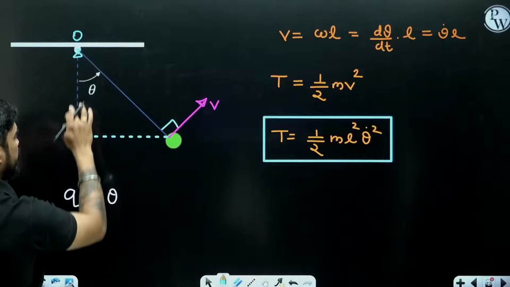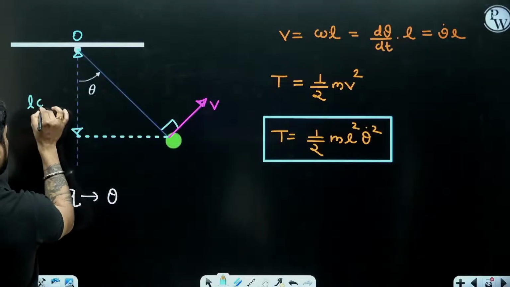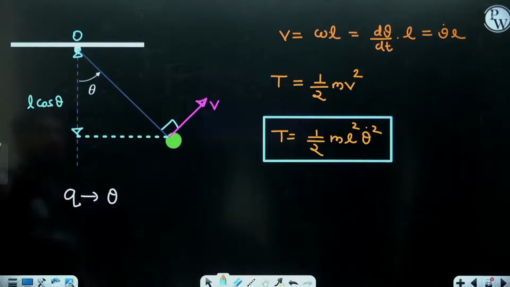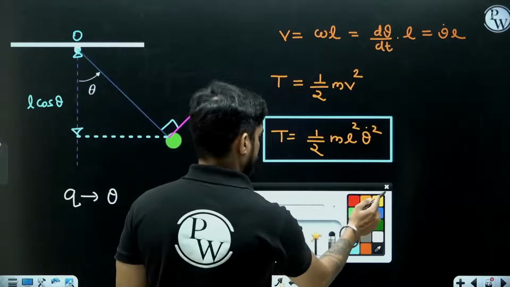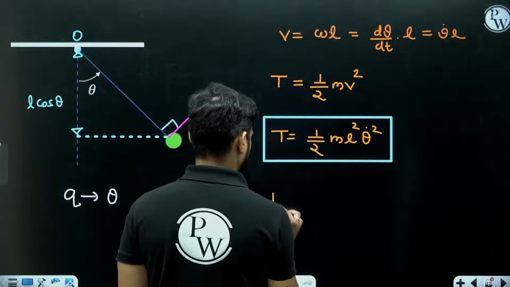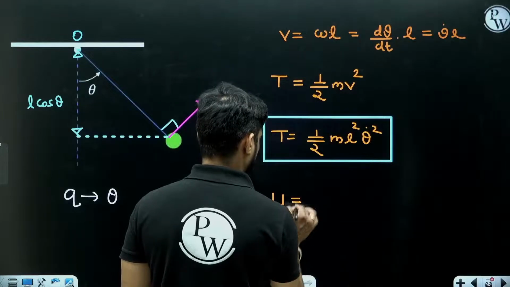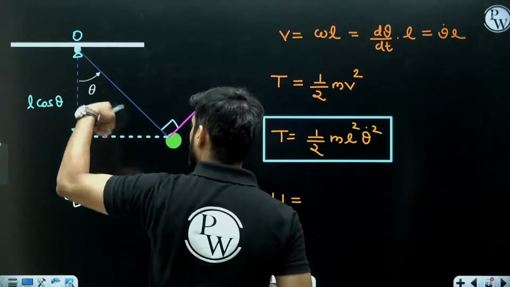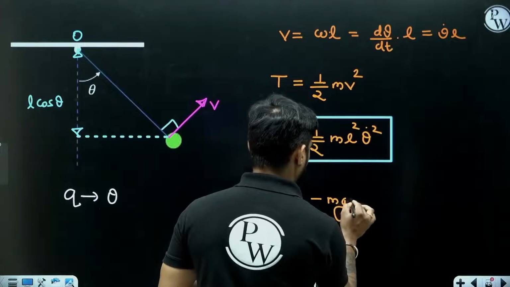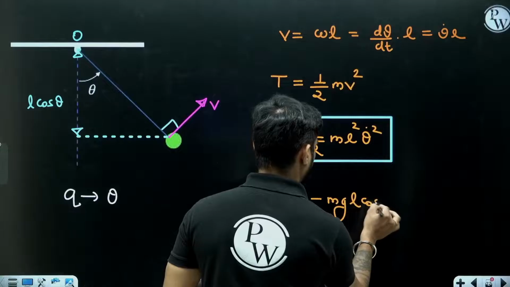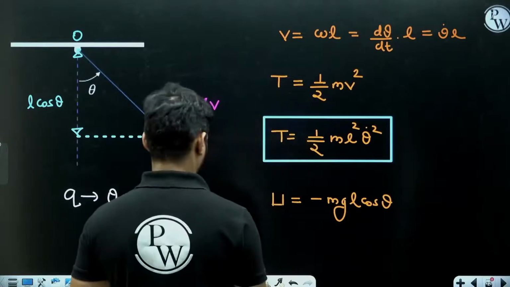This height is L cos theta, right? And it is below the origin, right? So I will write it negative, minus mgl cos theta.